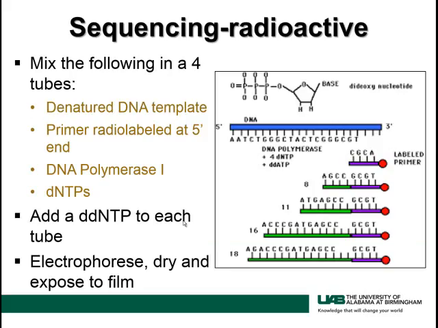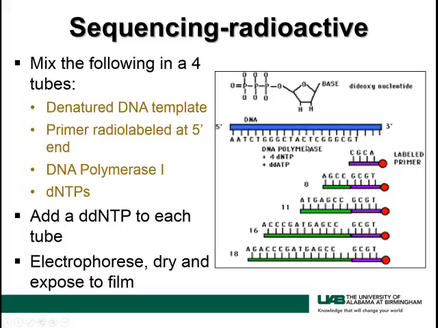Now we're going to talk about the use of DNA polymerase 1, and DNA polymerase 1 only, in the biotech industry. One of the uses for DNA polymerase 1 is in DNA sequencing. Let's assume that you're going to sequence a template that has the following sequence.